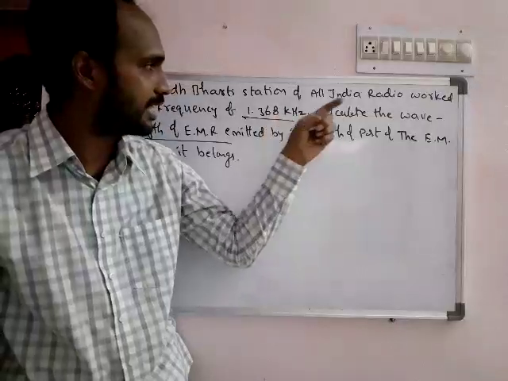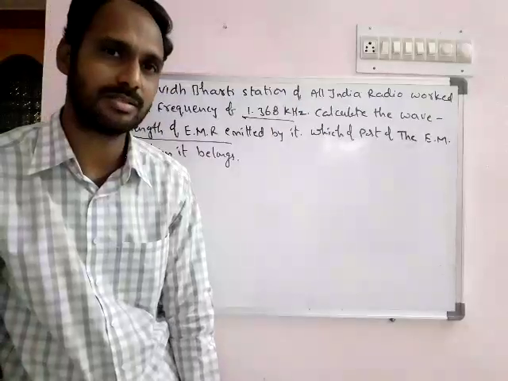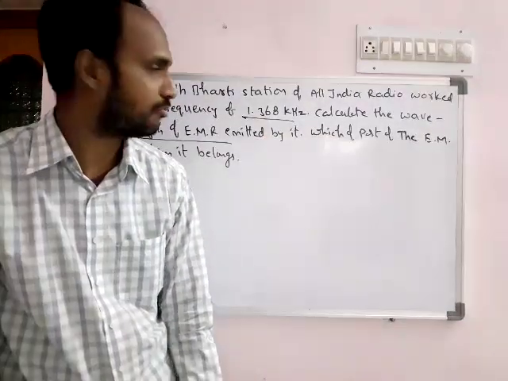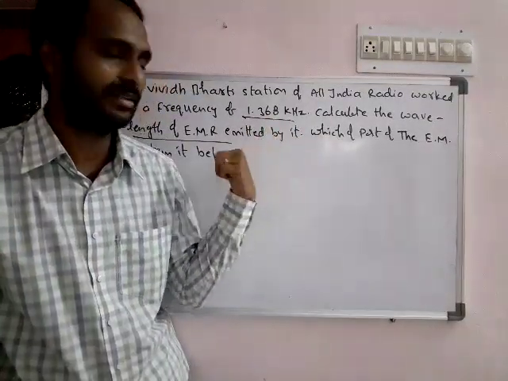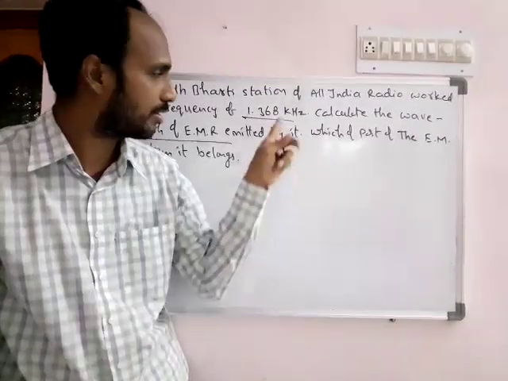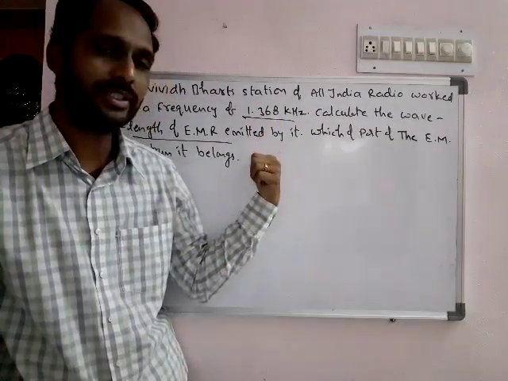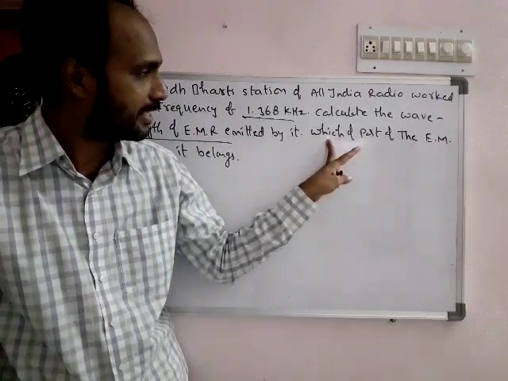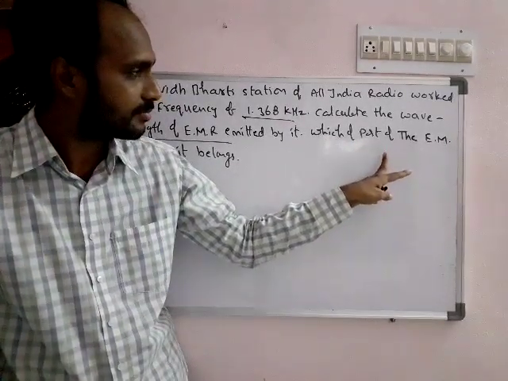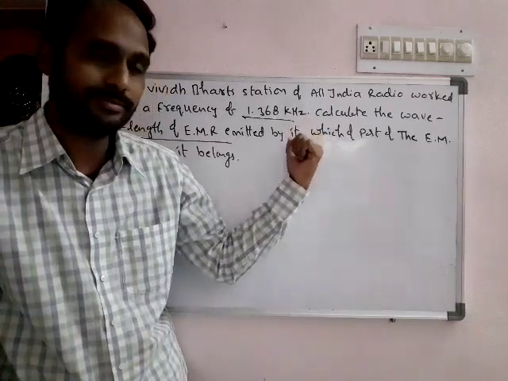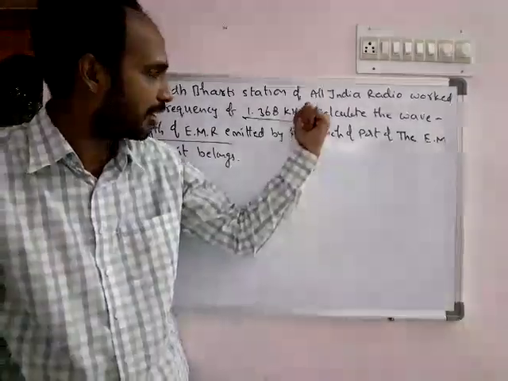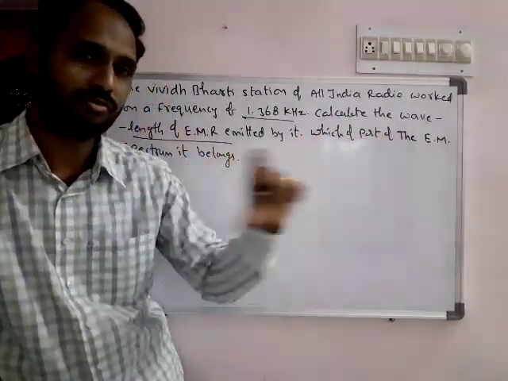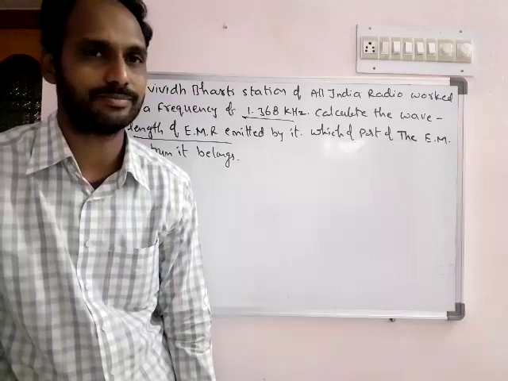On this frequency it works and releases radiations having this much frequency. So we need to find its wavelength, converting that frequency into wavelength, and it is also asked which region of the electromagnetic spectrum that wavelength or frequency belongs to.